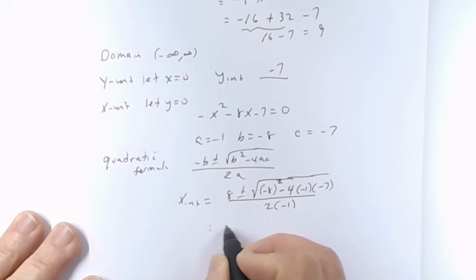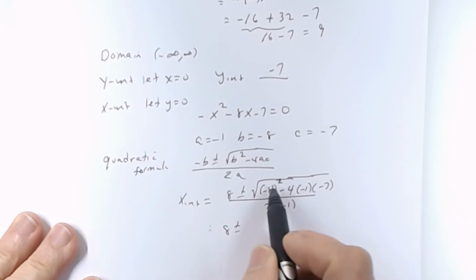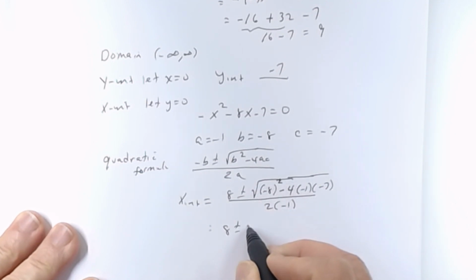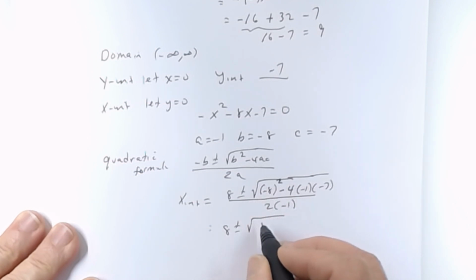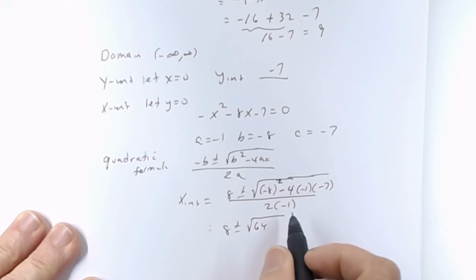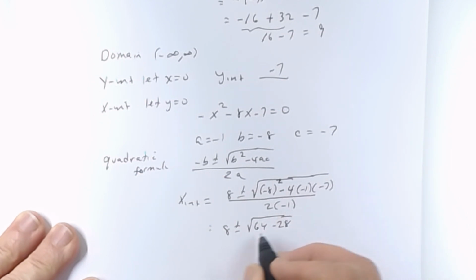So I get 8. Now remember, at that point, that's where we worked with the radicand. And remember, this is also called what? The discriminant. The square root of -8 squared is 64. What's -4 times -1 times -7? -28. Because a negative times a negative times a negative is a negative.